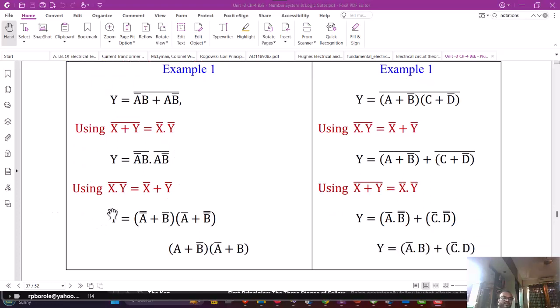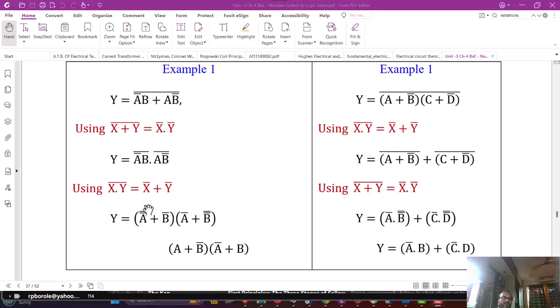Now use the other theorem of De Morgan's. The complement of a product is the OR operation of complements. So you will see here the first term is a complement of the product A bar B, and the second term is a complement of the product A B bar. So apply this here.